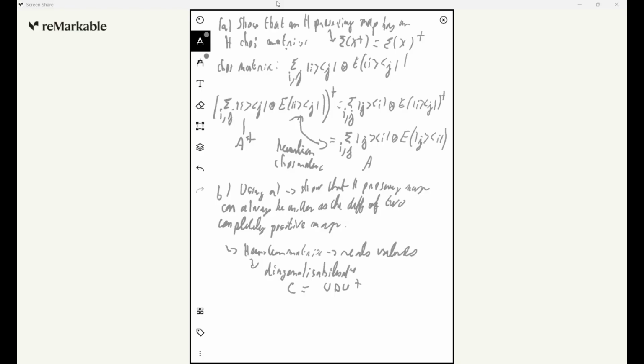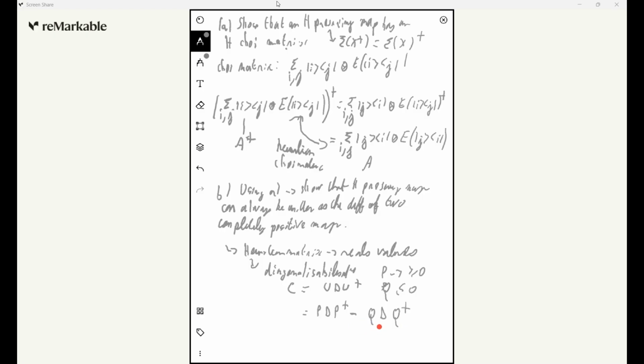And so if you take two matrices, like P representing the part where the eigenvalue is greater than or equal to 0, and Q where the eigenvalue is less than 0, it can be equal to P D P dagger minus Q D Q dagger.